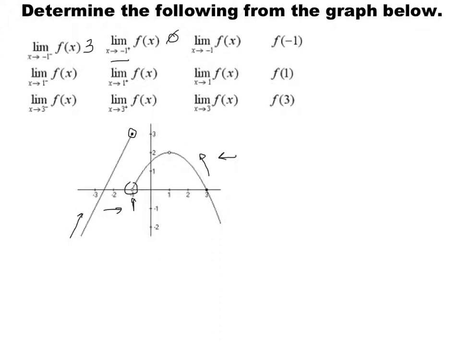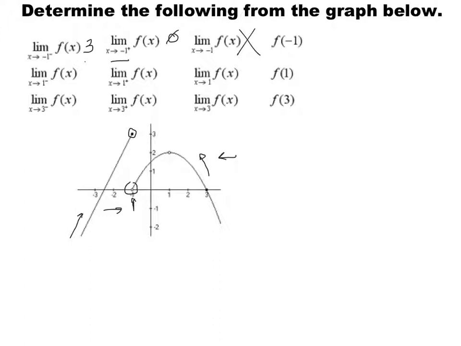You can see that when x goes to negative 1 from left, we get 3. When x goes to negative 1 from right, we get 0. So the limit does not exist. So there is no limit if x goes to negative 1.